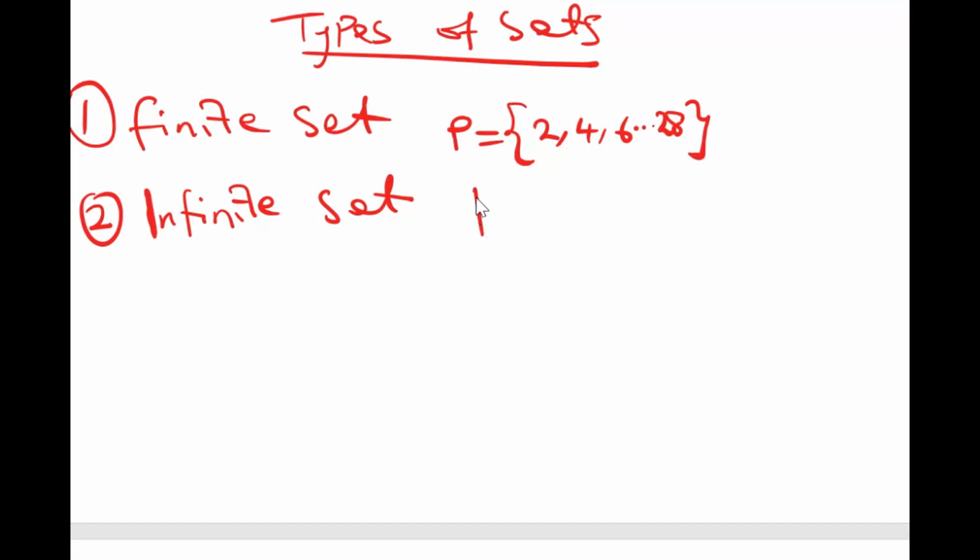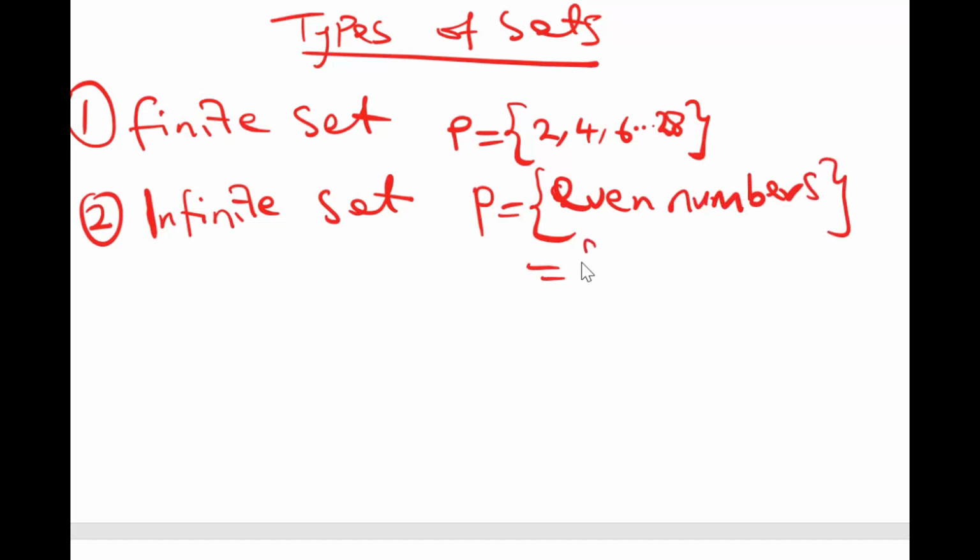For example, if the same P now we say is the set of even numbers, these even numbers can range from minus infinity to positive infinity, so it is not countable.